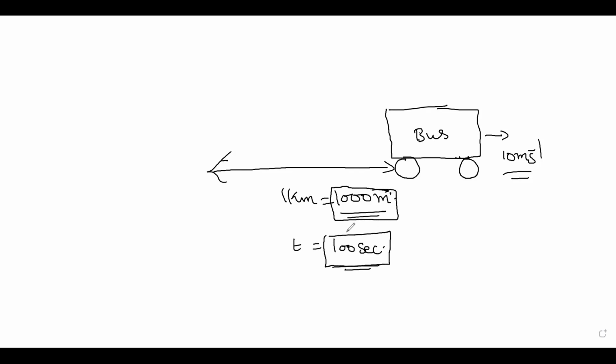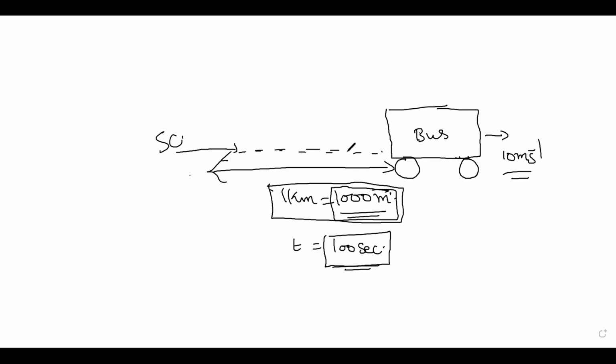Now you have to understand this. The bus is moving, the scooter is also moving. This distance is the relative distance between the scooter and the bus. That means this distance remains constant.